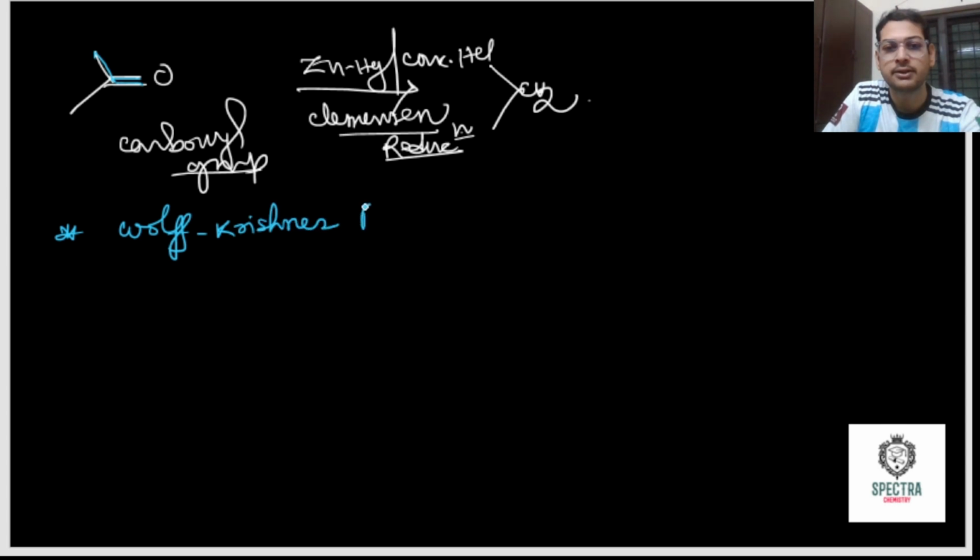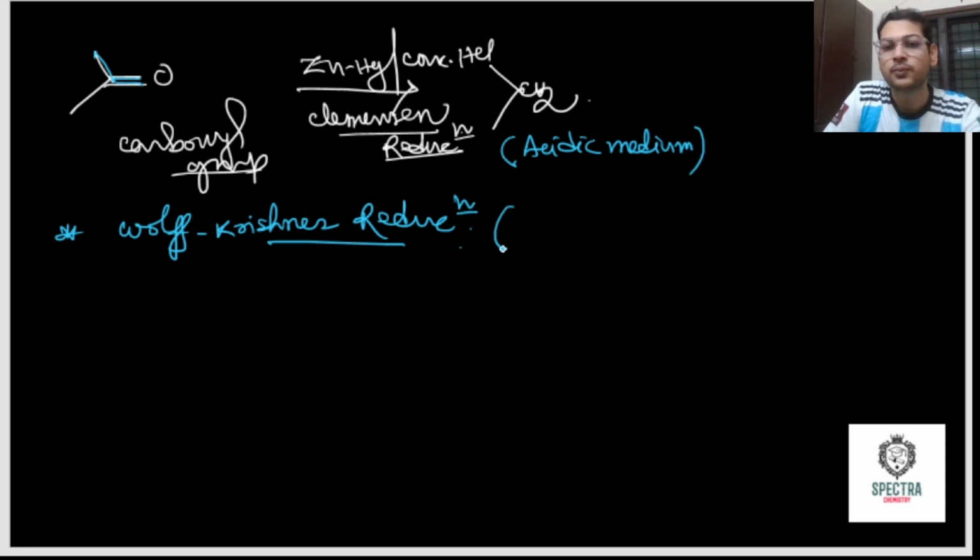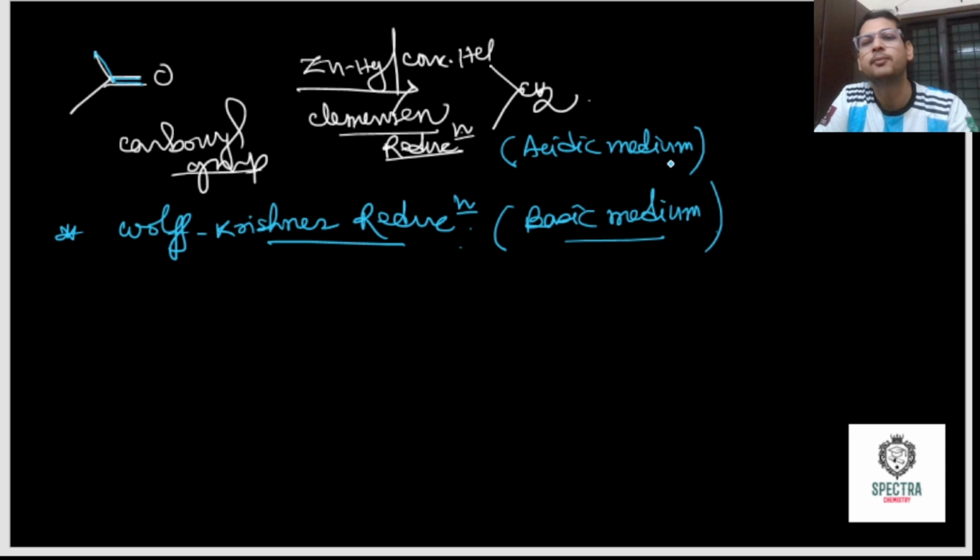But the thing is that the Clemmensen reaction is in acidic medium, and the Wolff-Kishner reaction is in basic medium. So it depends on your starting material, and depending on that, you choose whether to do it in acidic or basic media, by Clemmensen or by Wolff-Kishner.